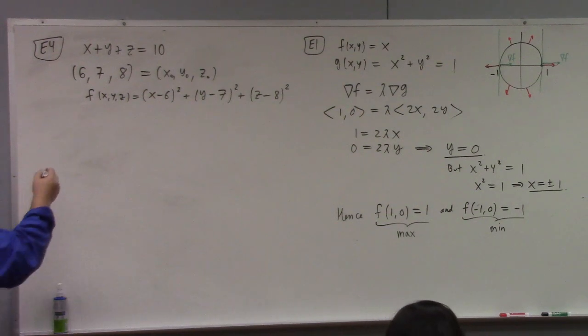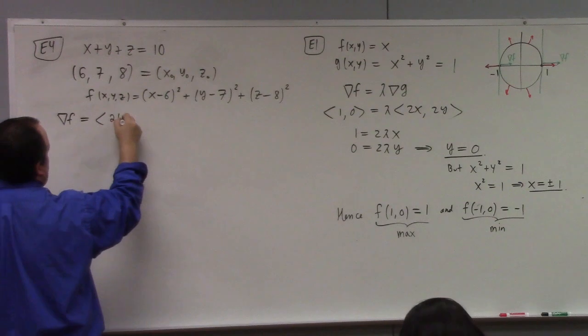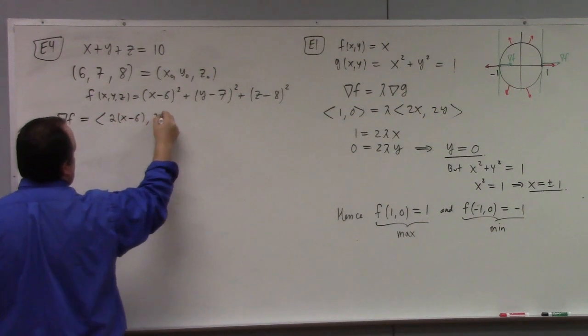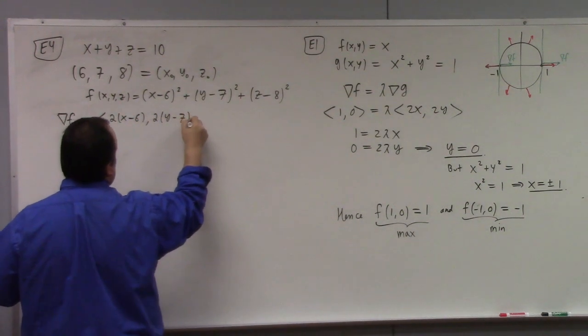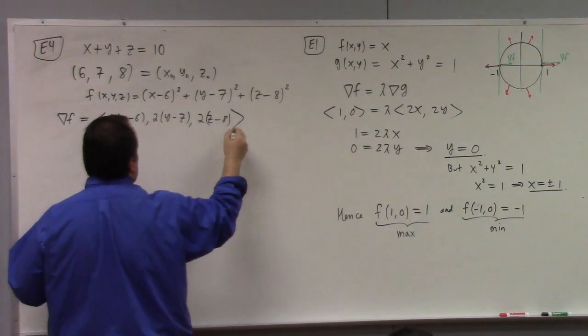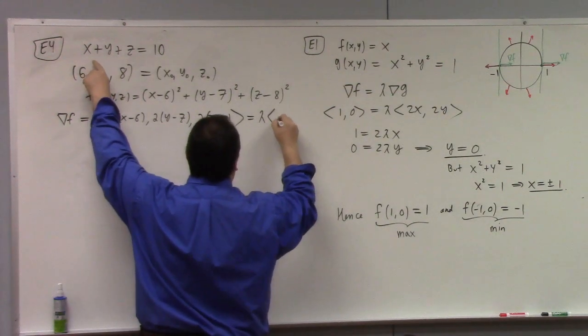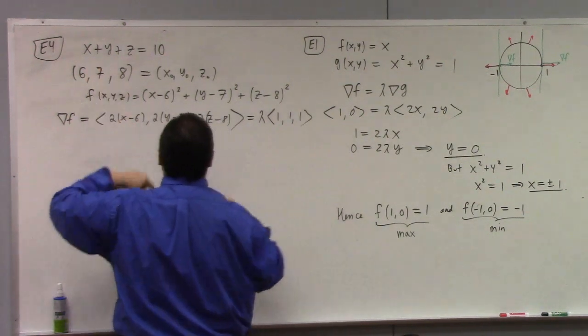And so I take the gradient of this, nabla, and I get 2 times (x minus 6), 2 times (y minus 7), 2 times (z minus 8). And that's supposed to be equal to lambda times the gradient of g. The gradient of g here is (1, 1, 1).